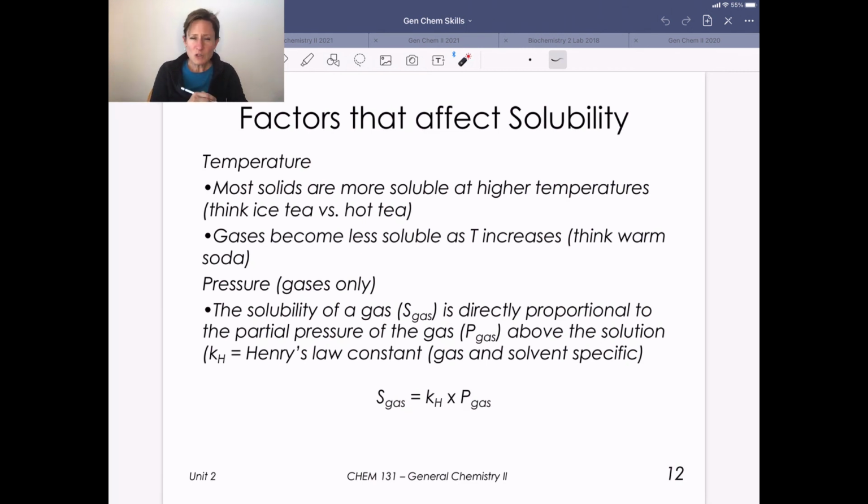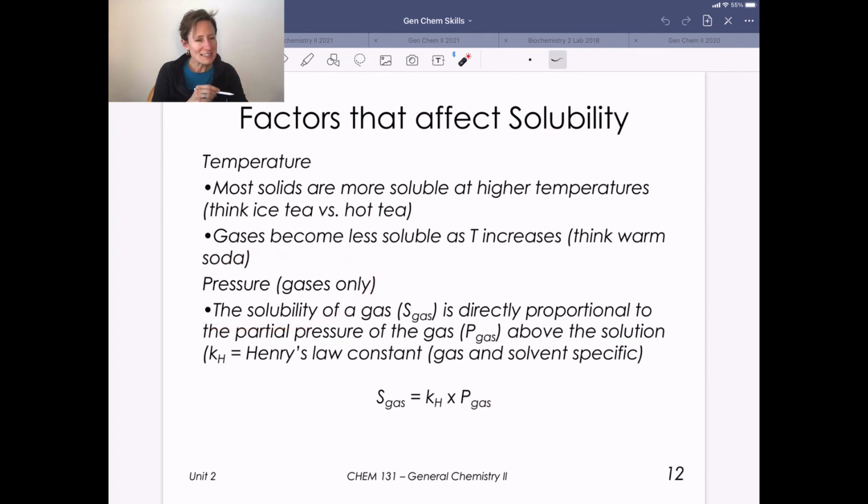But we're also going to talk about solubility of gases, dissolving gases in a liquid. Gases become less soluble as temperature increases. A practical example is warm soda. If you've got warm soda, it loses its fizz much more easily than cold soda. So temperature dependence, I want you to be able to think about that qualitatively.